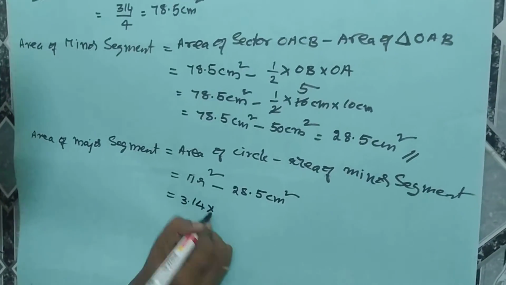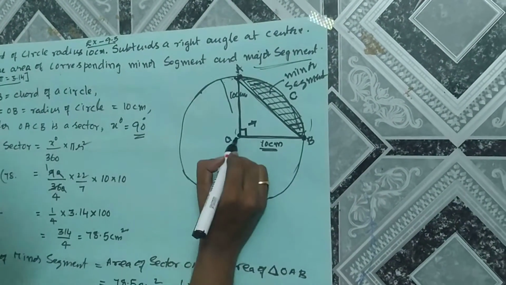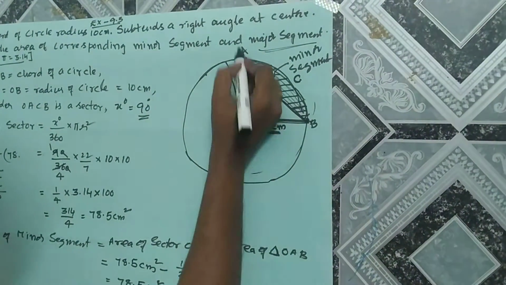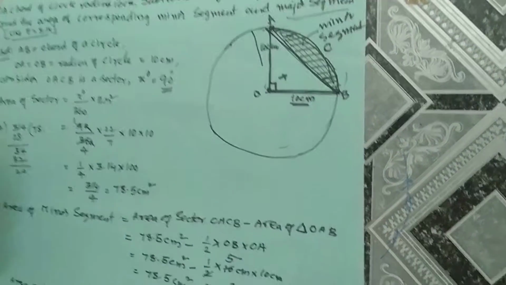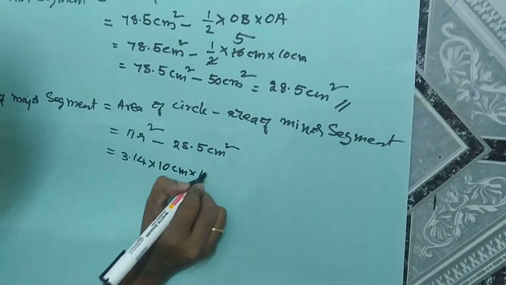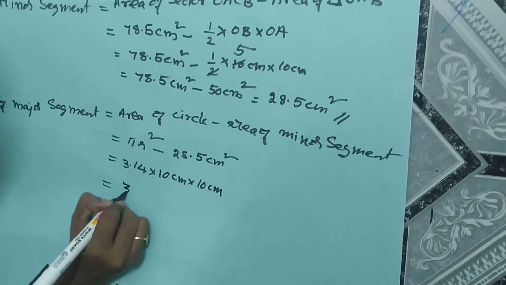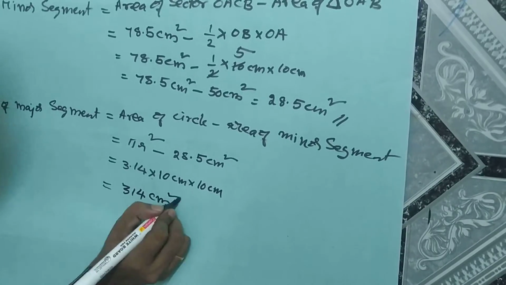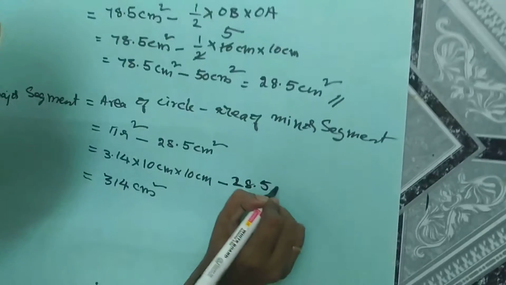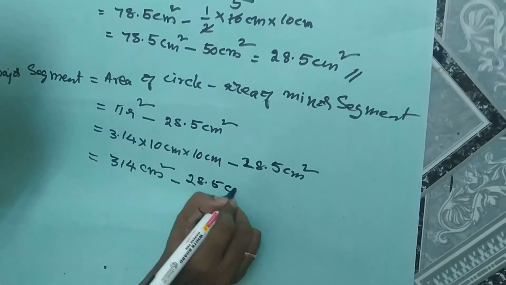Pi value is given as 3.14. In this diagram, the total is a circle, OB is a radius and OA is also a radius, that is 10 centimeters. Instead of r we write 10 centimeters into 10 centimeters, giving 314 centimeters square, minus 28.5 centimeter square.